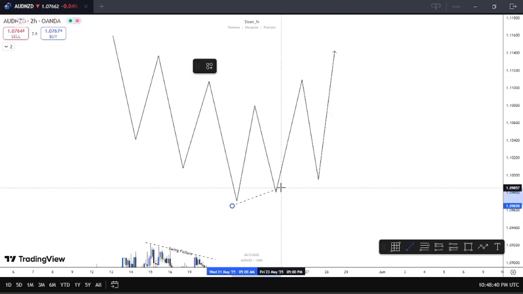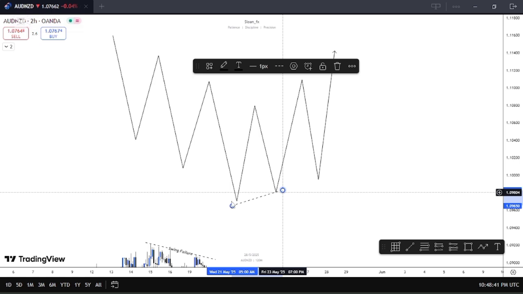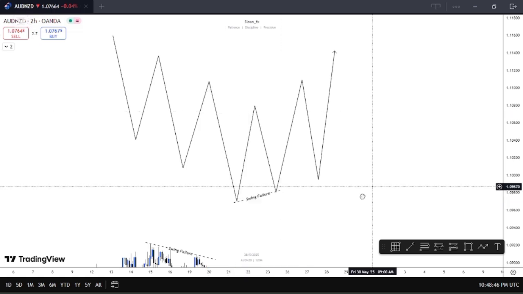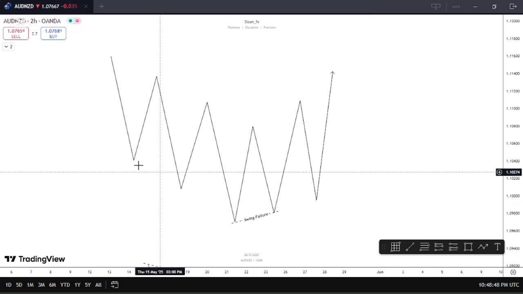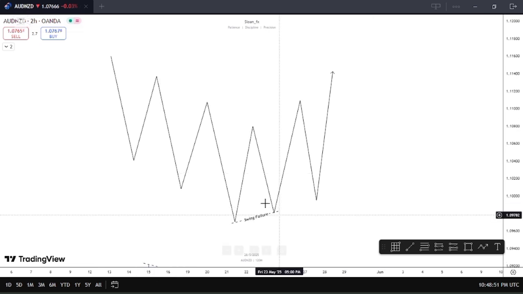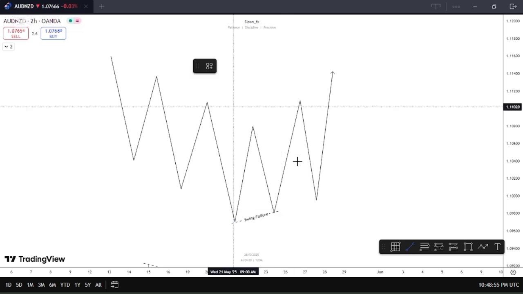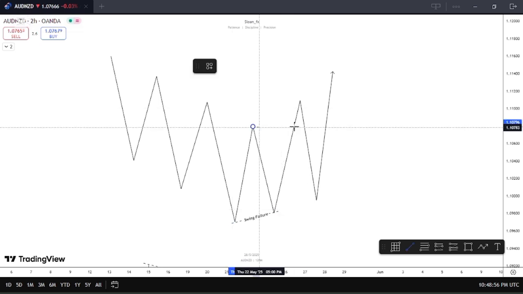We're not actually talking about entries now, but if you see this on a key level in an entry zone, which I will show you in this AUD NZD very soon, what I saw in my key level was a structure like this. I've discussed this before, and then I experienced a swing.